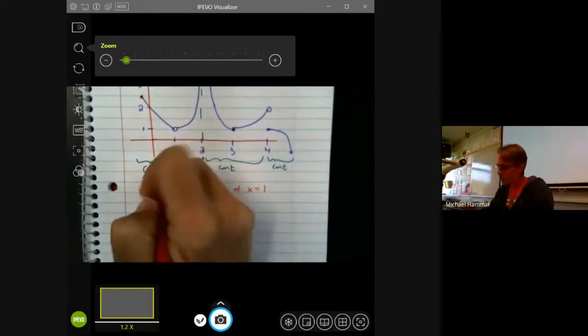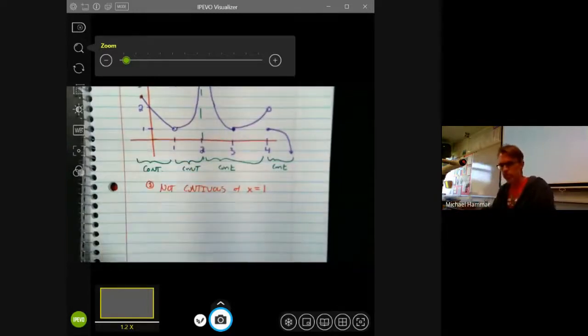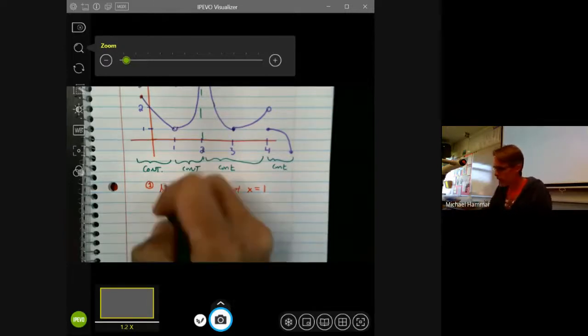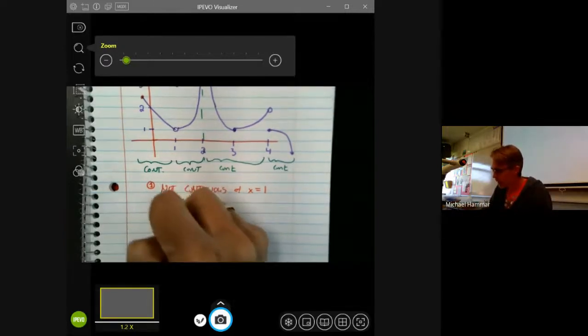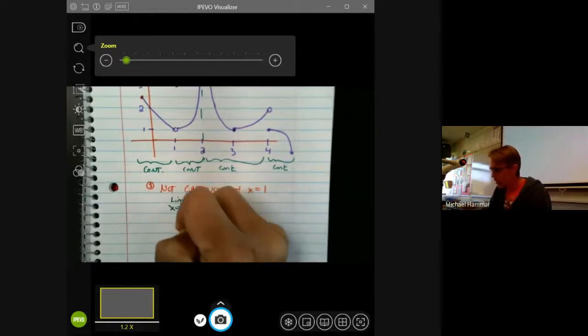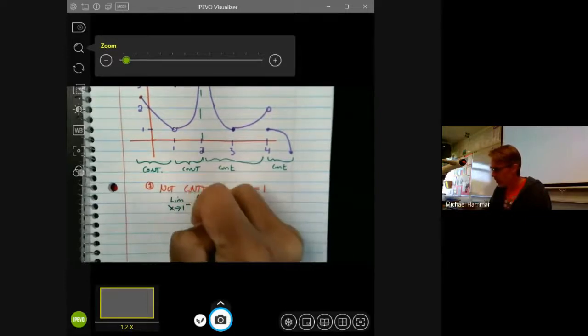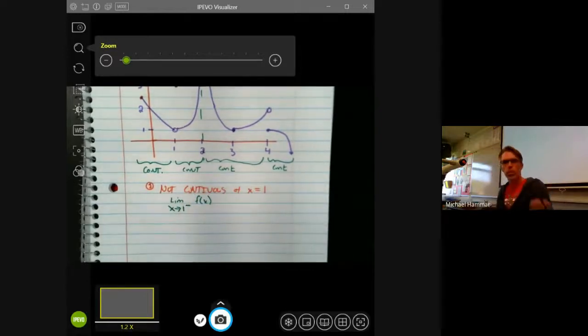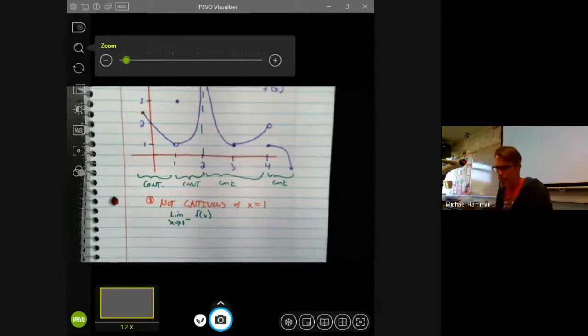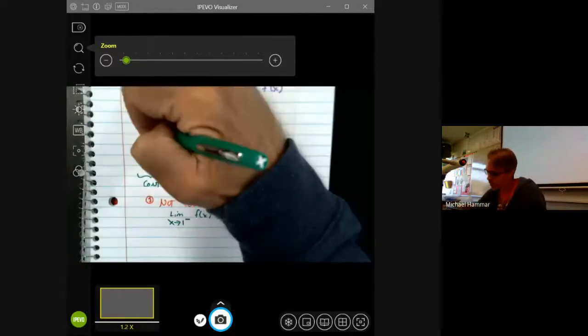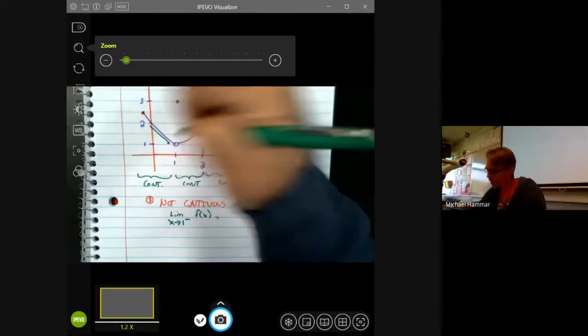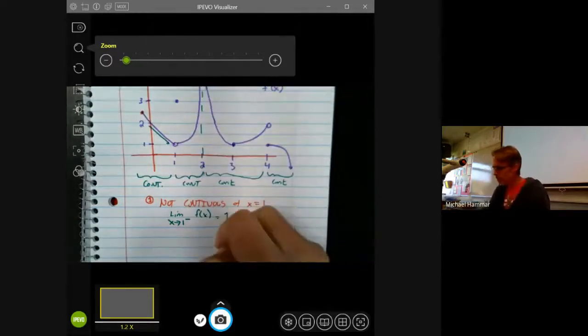This is going to be the first thing that we're going to do, and we're going to use the definition. So the first thing is we need to show the limit as x approaches 1 from the left of f of x. So go to your graph and take a look. As we come from the left, you'll notice that that value is 1.